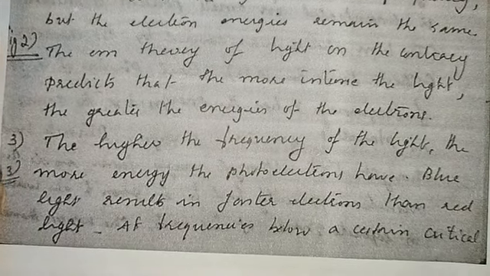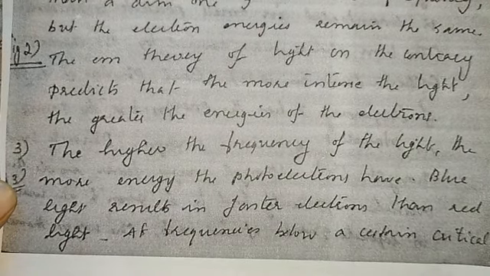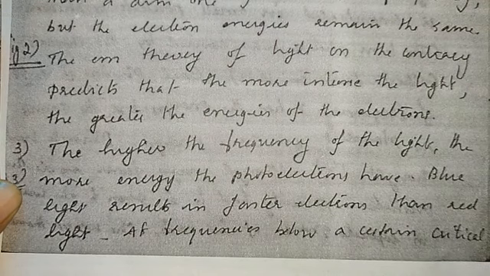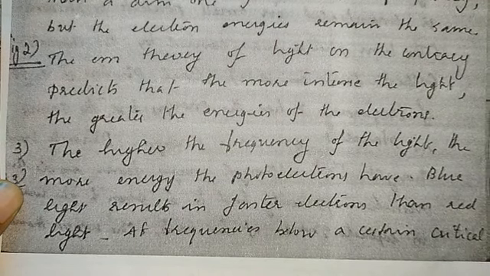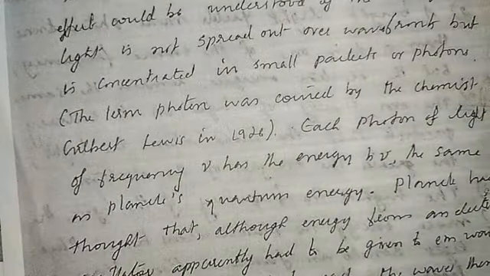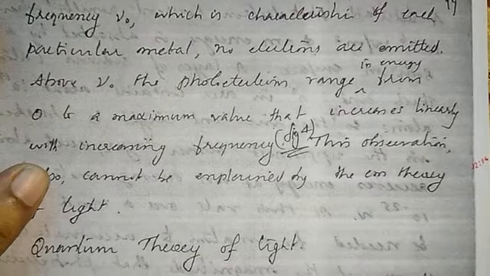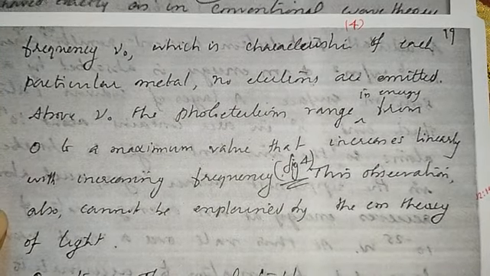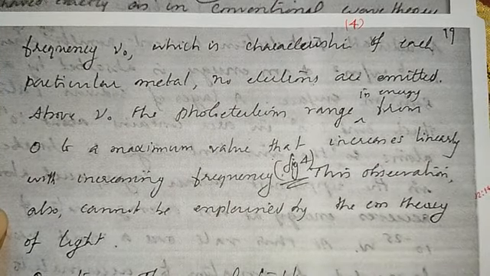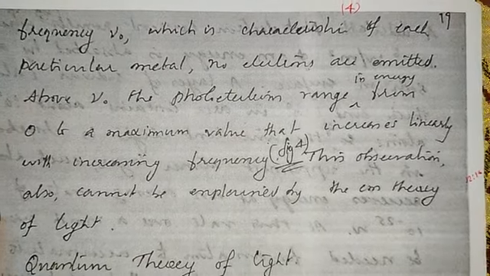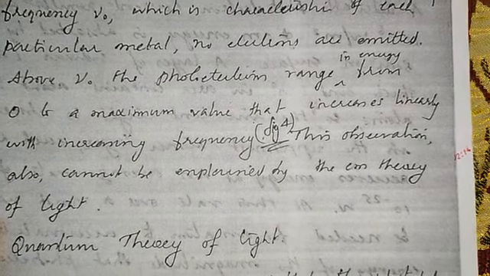If red light is falling, slower electrons. So there is a critical value of frequency ν0, which is characteristic of each metal, below which no electrons will be emitted.